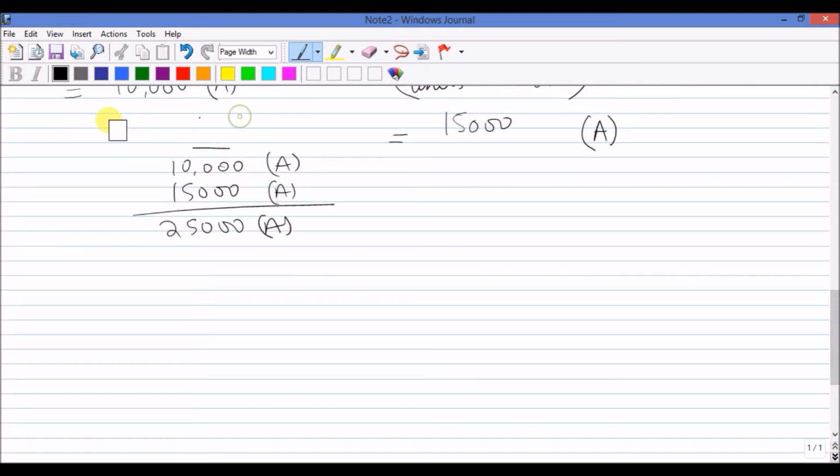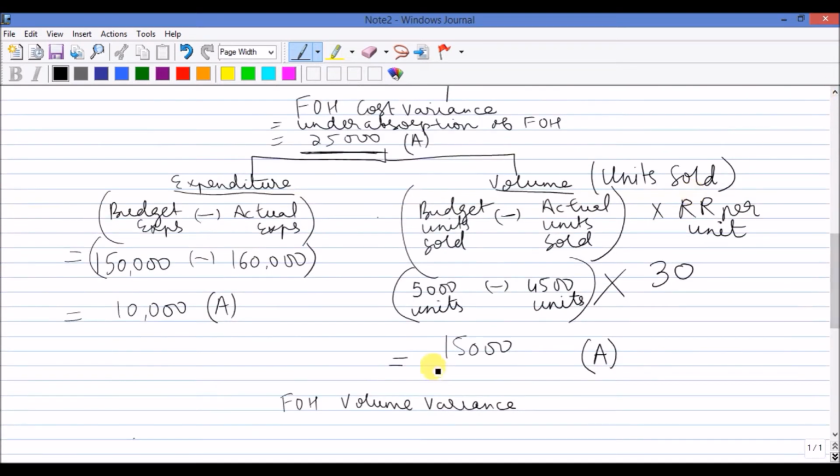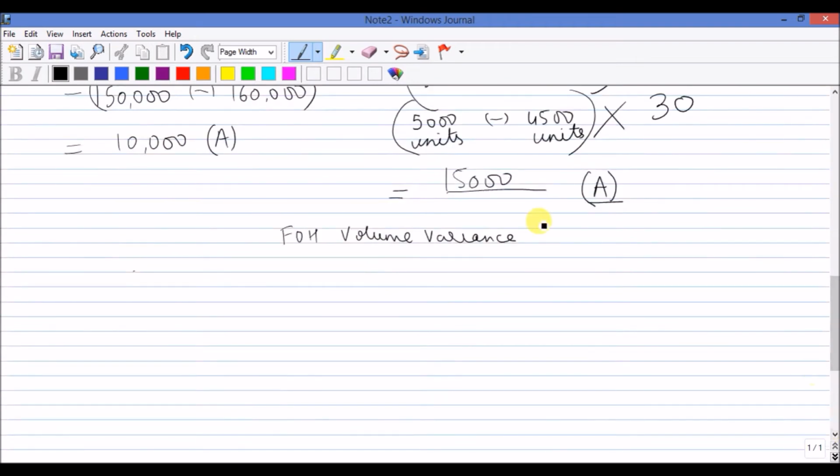Now I'm rubbing this part, and then we are going further deeper. So now the fixed overhead volume variance is how much? It's 15,000 adverse.